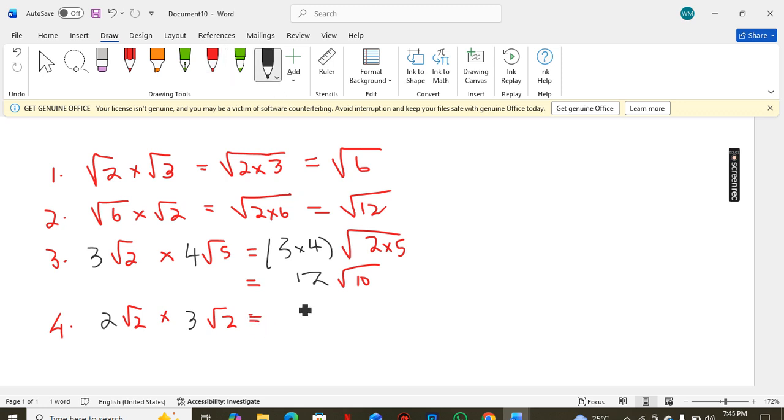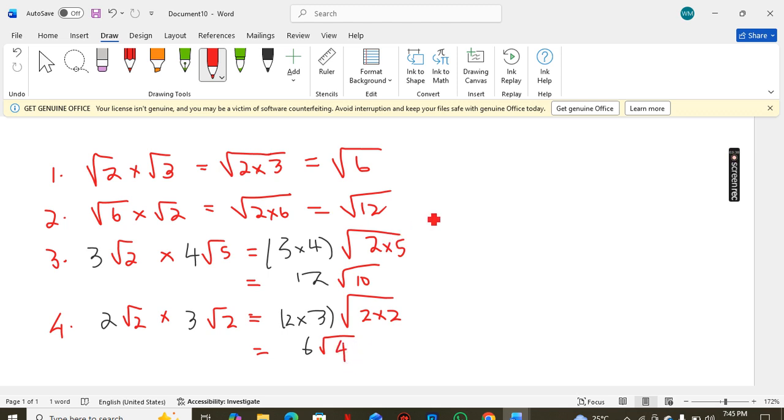Multiply the numbers outside, 2 times 3, and multiply the surds, so 2 times 2. Okay. And then you're going to get 6 root of 4.